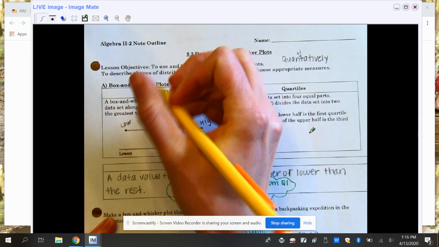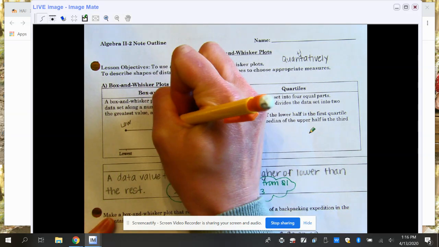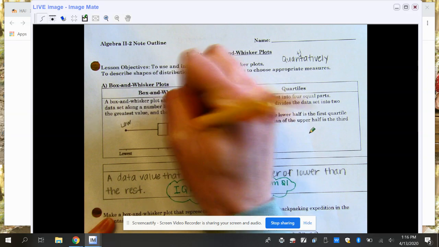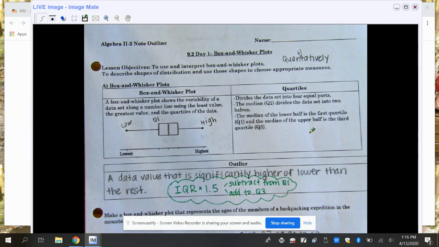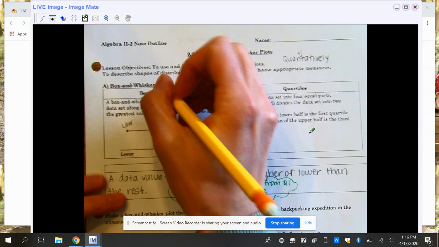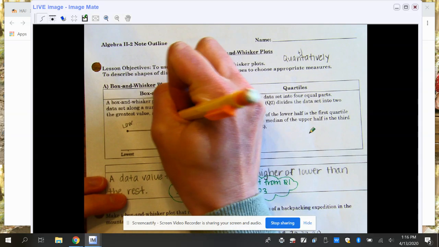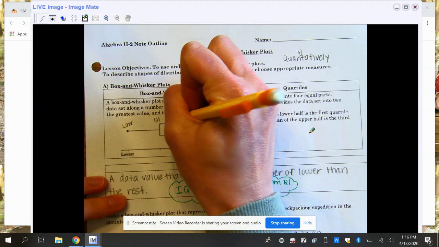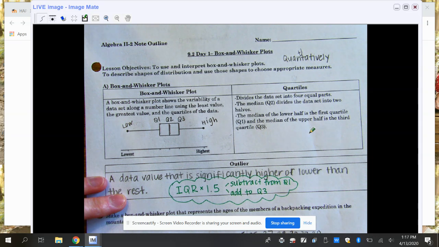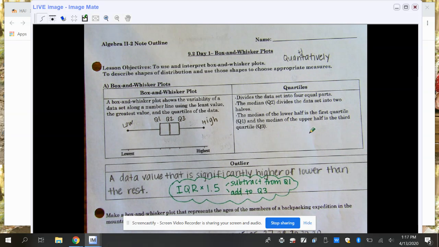And then these 3 bars right here: this is called the first quartile or the lower quartile. This is going to be Q2, which is the median of your data, and this is the third quartile, or you might hear the upper quartile, or just Q3 as the abbreviation.